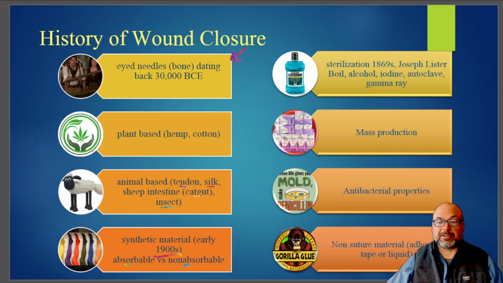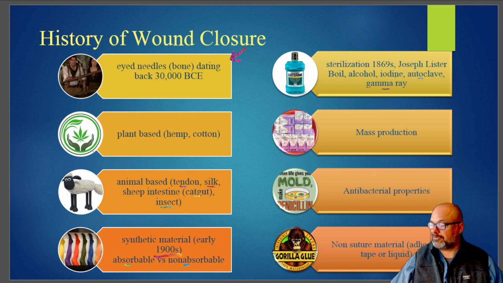The idea of sterilizing suture material really came about in the kind of mid to late 1800s. Joseph Lister was one of the first to look at boiling and then eventually using alcohol to sterilize suture material. Obviously, iodine is another way to do it, using the autoclave like we do today for heat and pressure. And then there are, and I'm not sure where this is utilized today, perhaps in ortho, using gamma radiation to sterilize things.